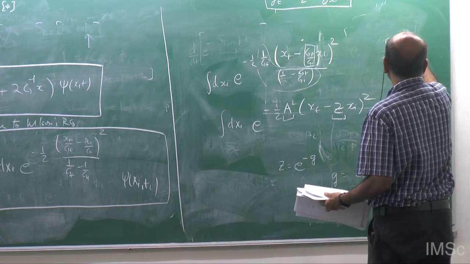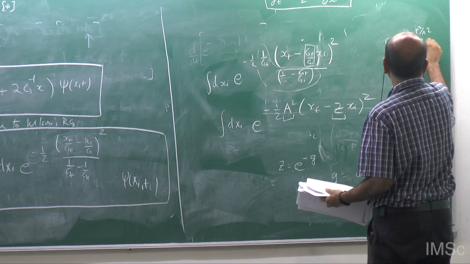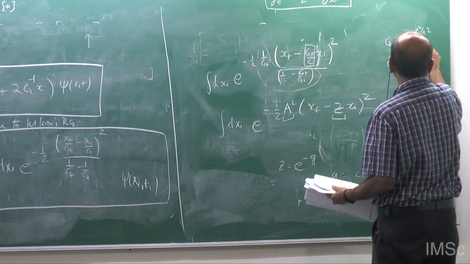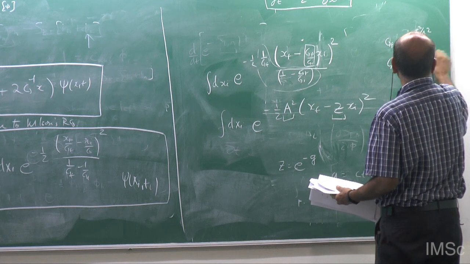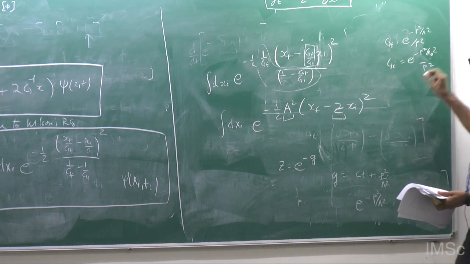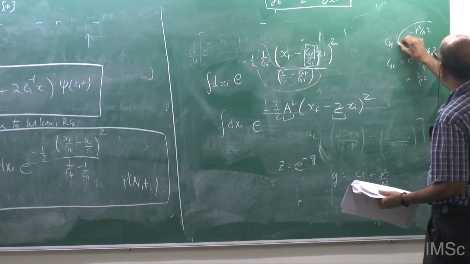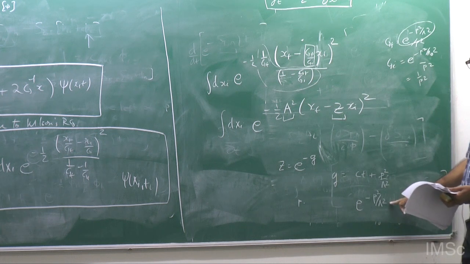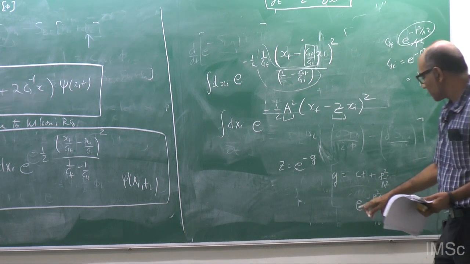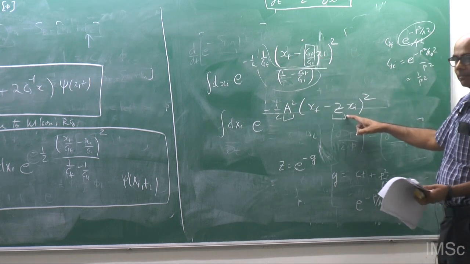Gf is e to the power of minus p squared by lambda squared by p squared. Gi is e to the power of minus p squared by lambda naught squared by p squared. Now if you set lambda naught to infinity, this is just 1 by p squared, and the ratio gf by gi is just that, which is the same ratio here. So up to some extra factors, the p dependence is identical in Wilson's form and this form.